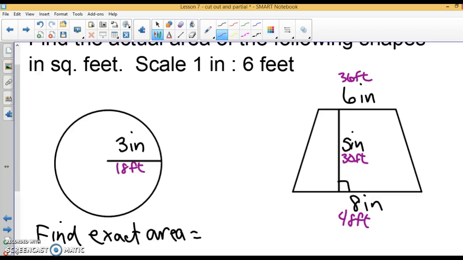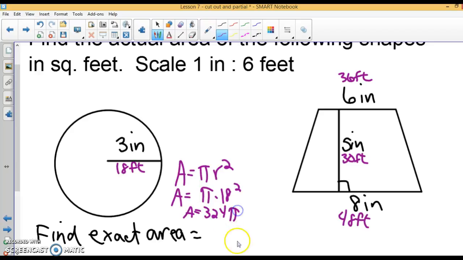So, actual area. It says exact. Area is pi r squared. So, area is, I need to use the actual. So, pi times 18 squared. 18 squared is 324 pi. And it's going to be square feet.